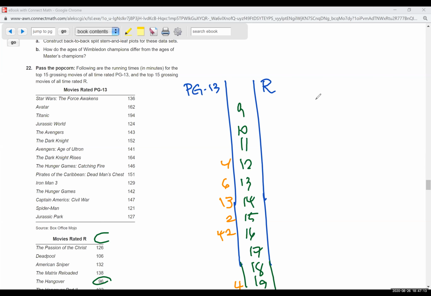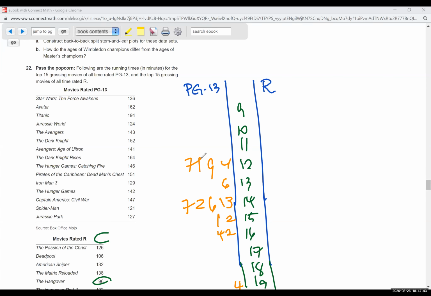Now I'm lost. Where do we stop? We have 164, then 146, 151, 129, 142, 147, 121, and 127.